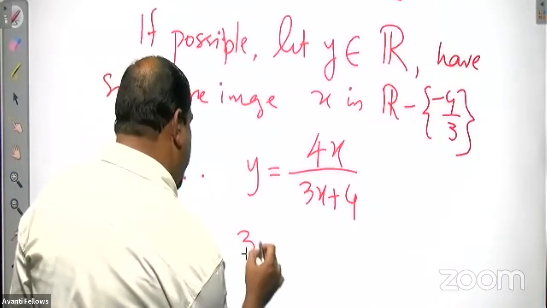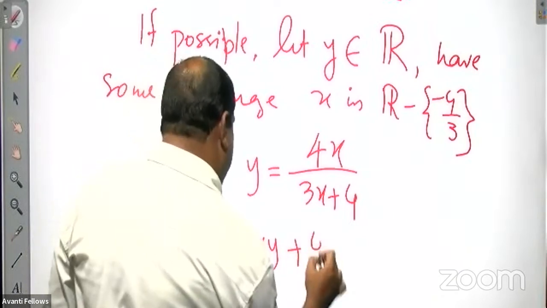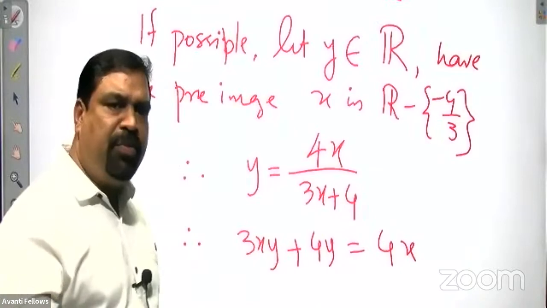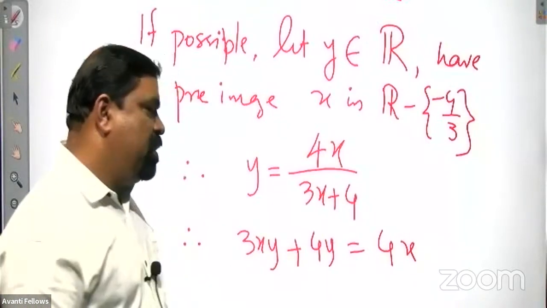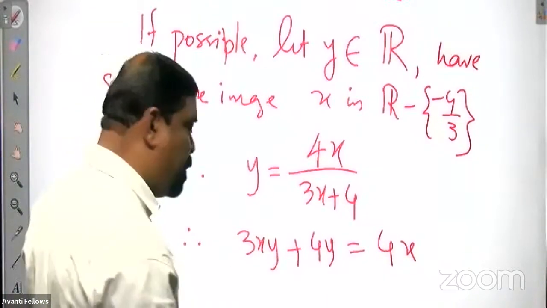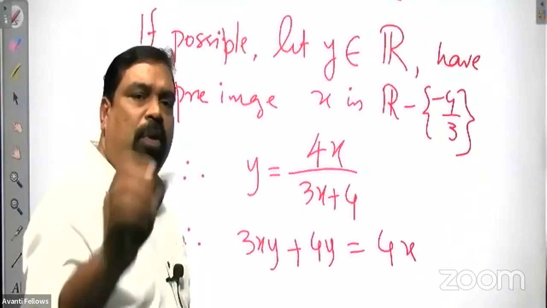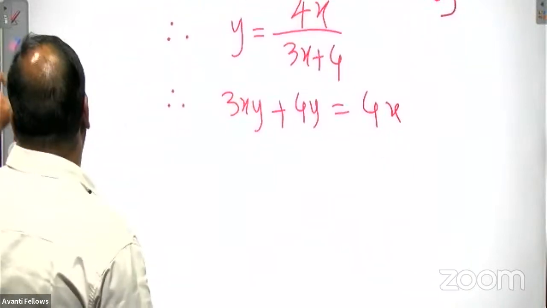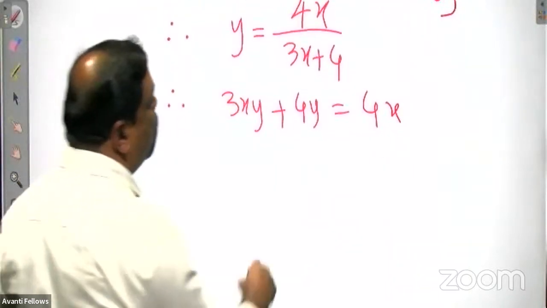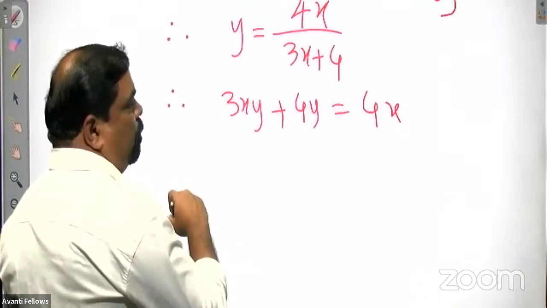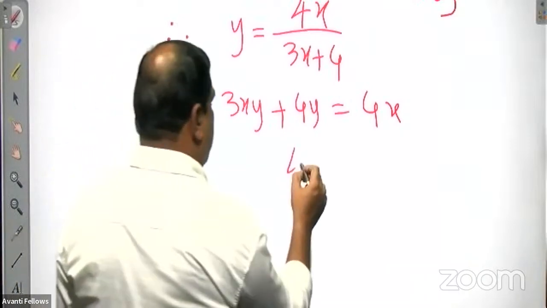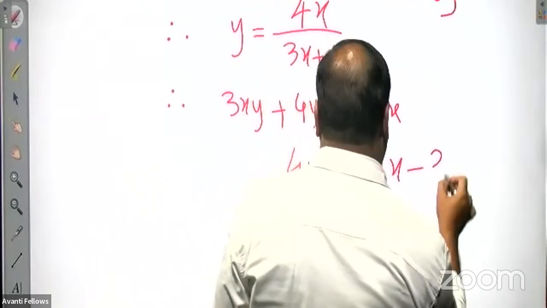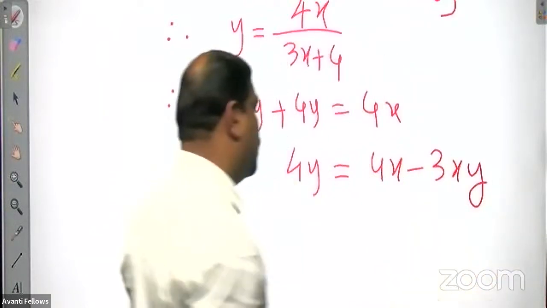That means 3xy plus 4y is equal to 4x. Now our target is to find x. What is the expression for x actually? If some x is there, what is the value of x? You take the x terms together. So 4y is equal to 4x minus 3xy, isn't it?